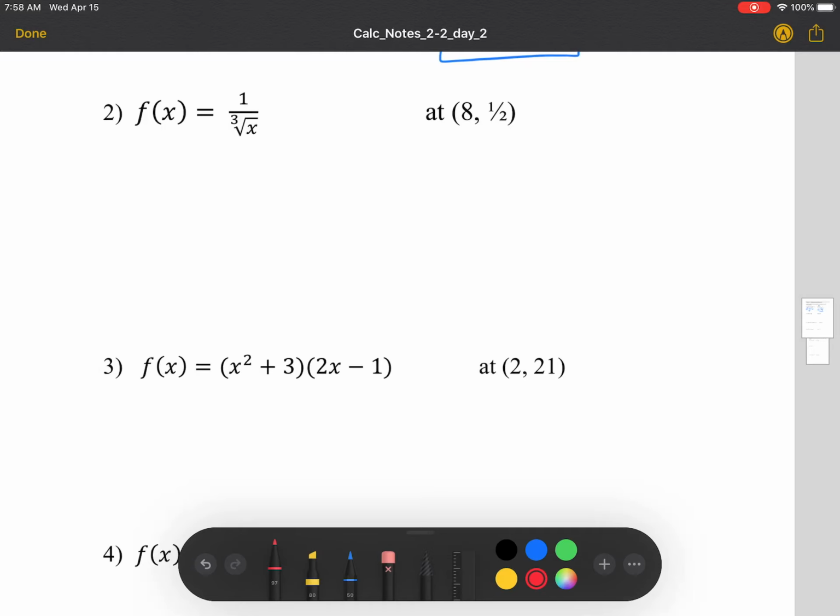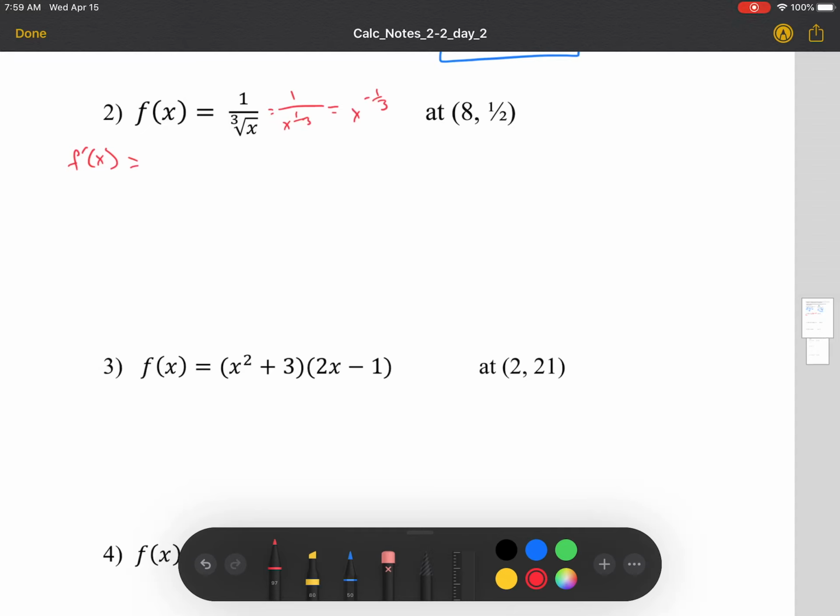So let's go on to 2. We're going to take the derivative here. Remember, 1 over the cube root of x is the same thing as 1 over x to the 1/3, which is the same as x to the negative 1/3.